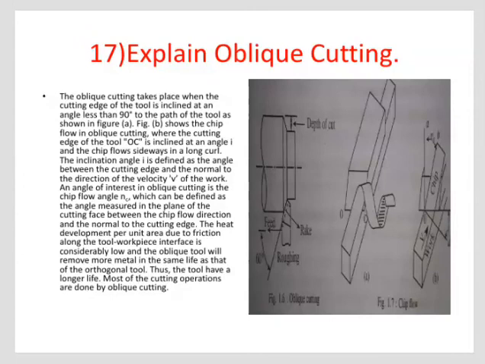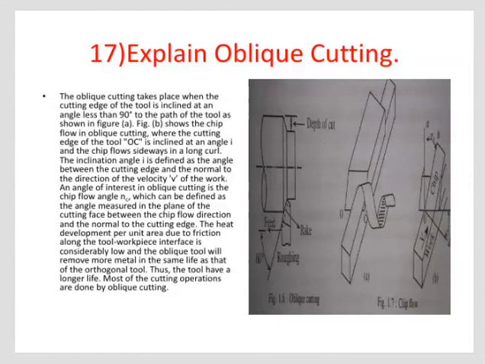Next, explain oblique cutting. Oblique cutting takes place when the cutting edge of the tool is inclined at an angle less than 90 degrees to the path of the tool, as shown in the figure, where the cutting edge of the tool OC is inclined at an angle i and the chip flows sideways in a long curl.